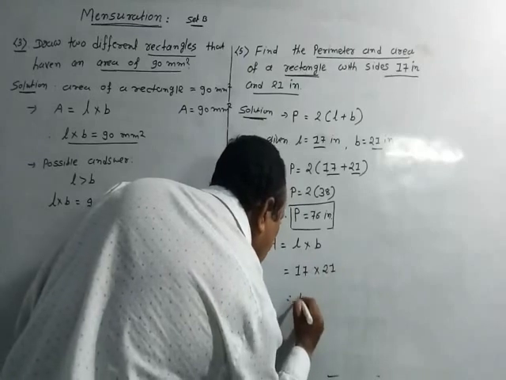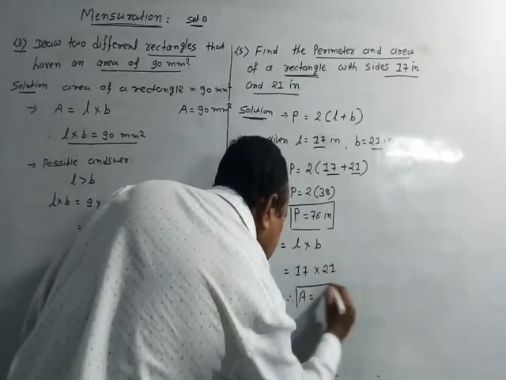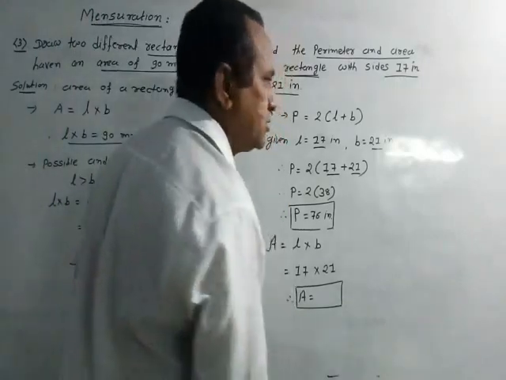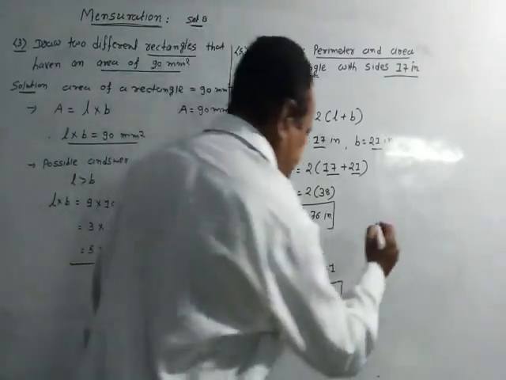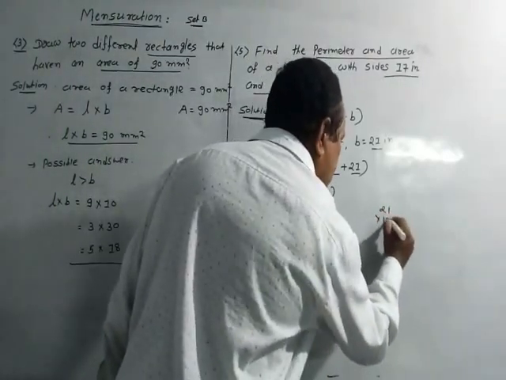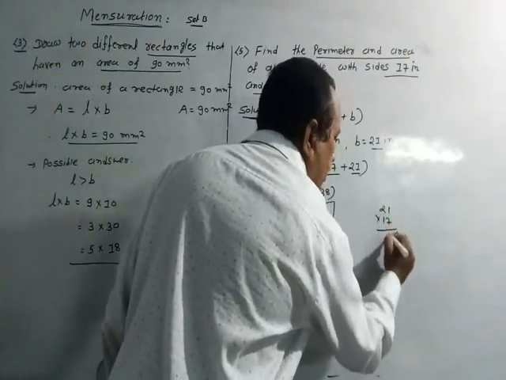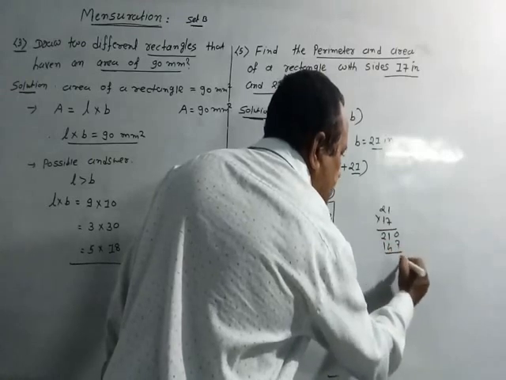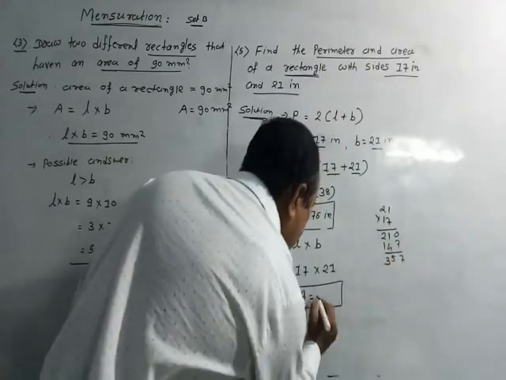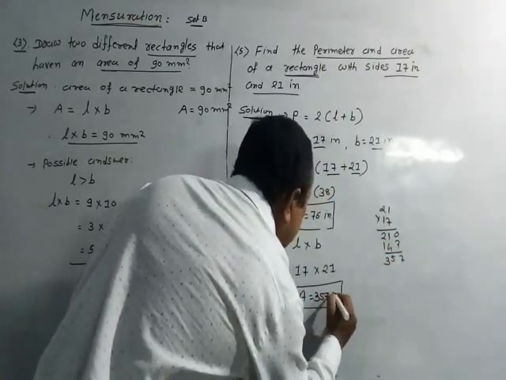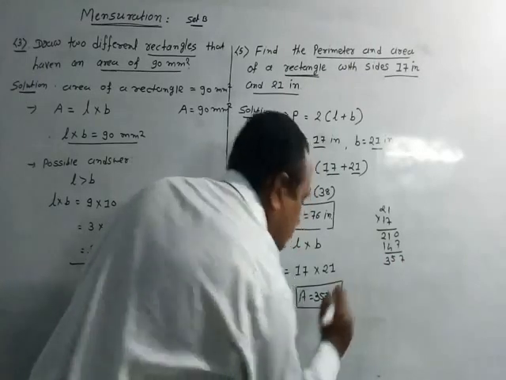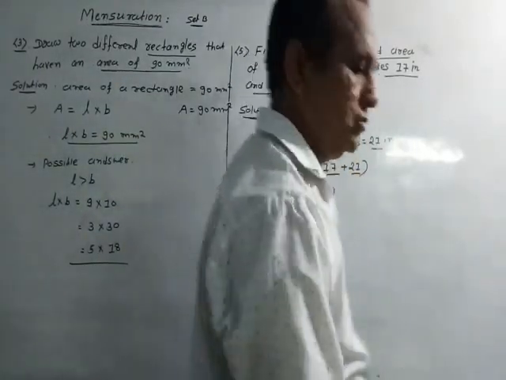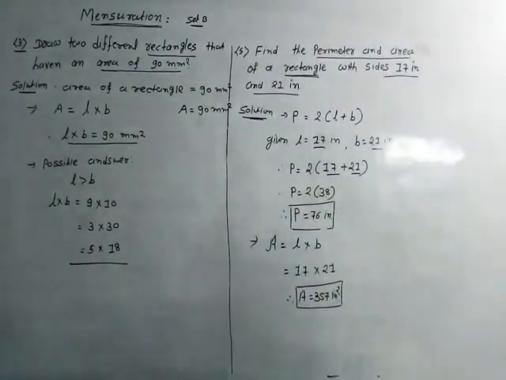So area of rectangle is 17 multiplied by 21, which is 357 inch. Then so the answer is 357.